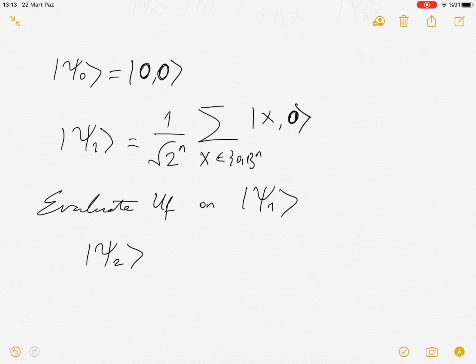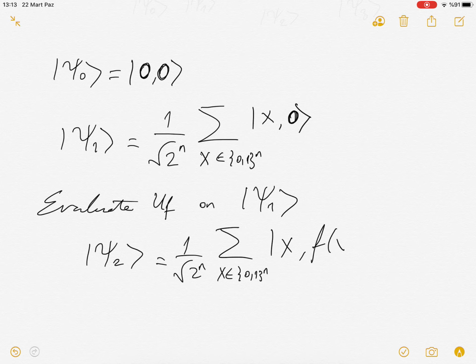So psi 2 will be equal to 1 over square root 2 to the power n, summation over x in {0,1}^n, and then we have x in the first register and f of x in the second. So this will be our output after we evaluate UF.